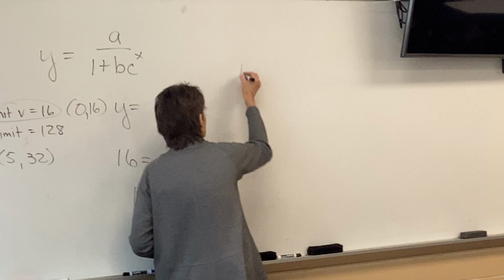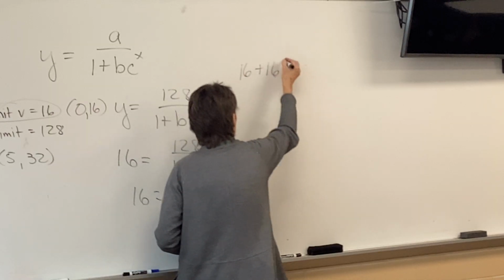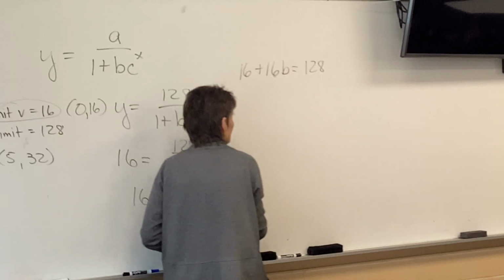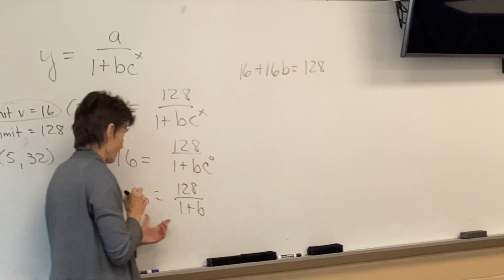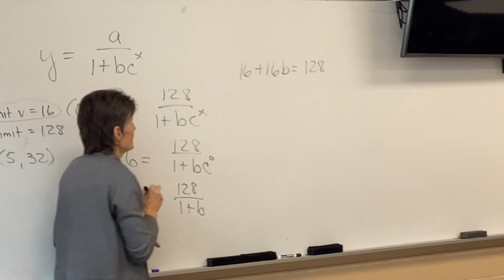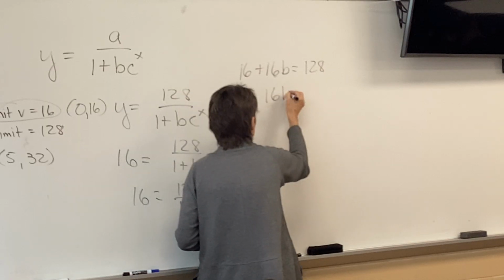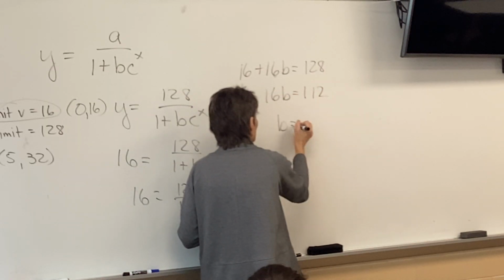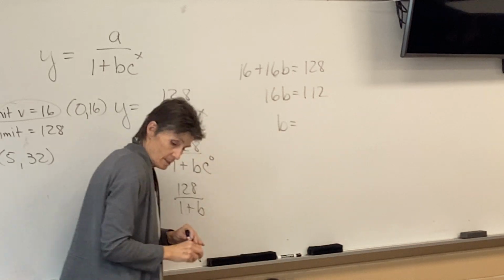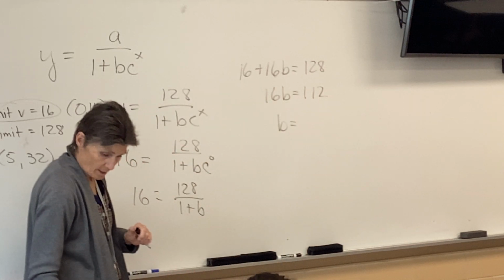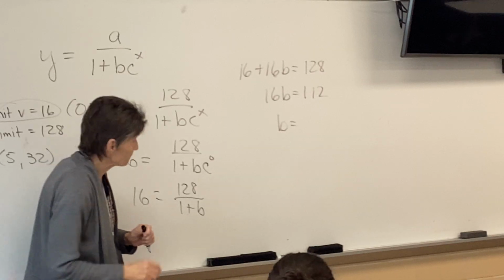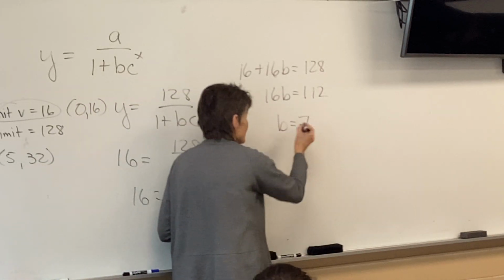So 16 plus 16B equals 128. 16B equals 112. And 112 divided by 16 is 7. So B is 7.